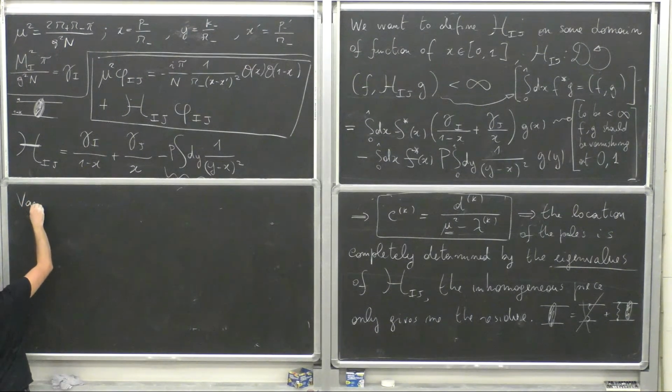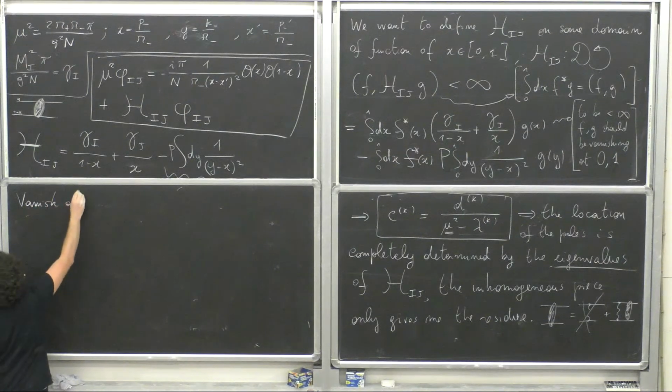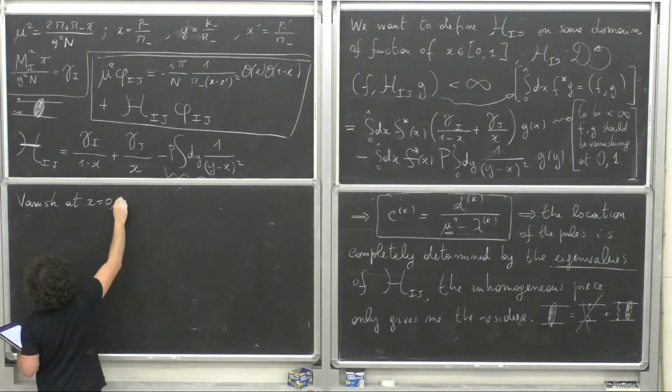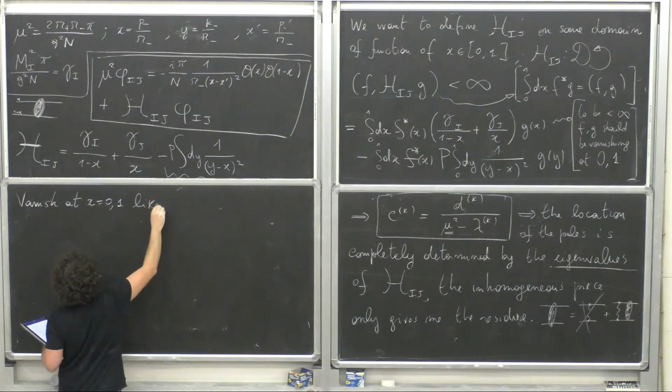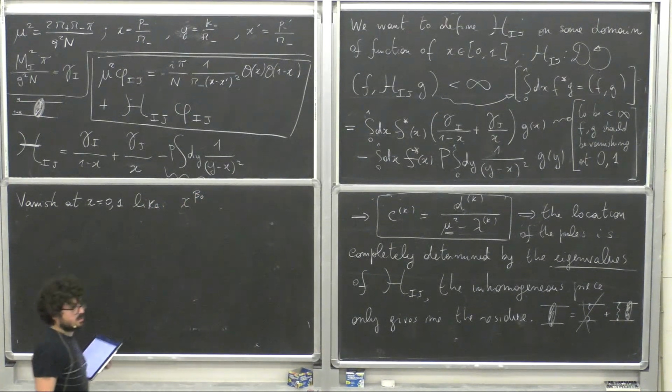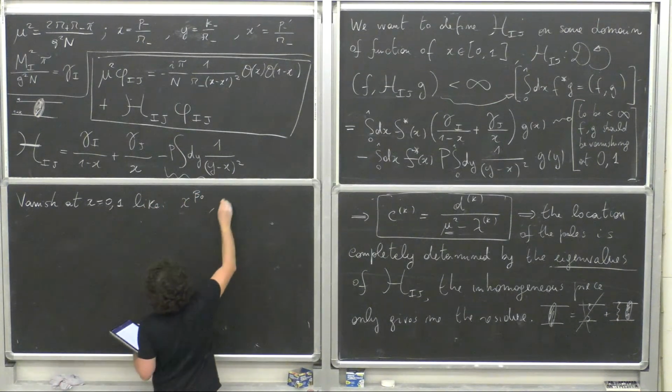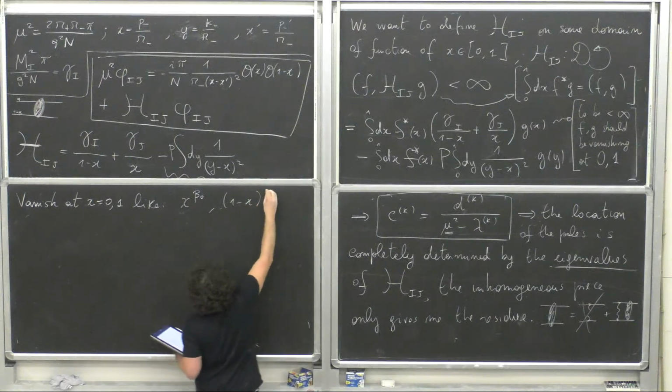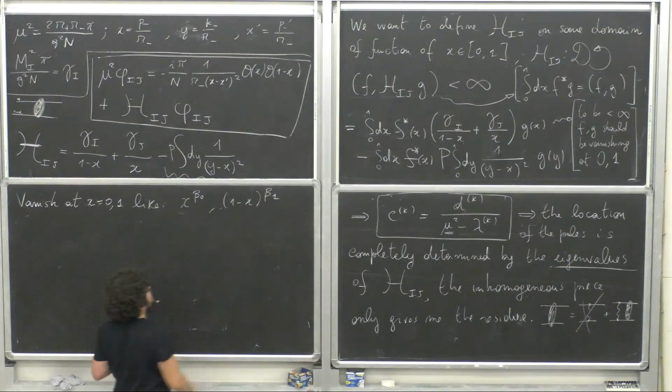Vanish at x equal 0, 1, for instance you can take some power, x to the beta 0 and 1 minus x to the beta 1.